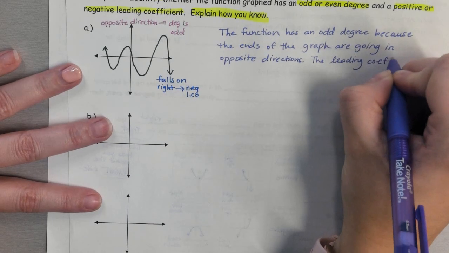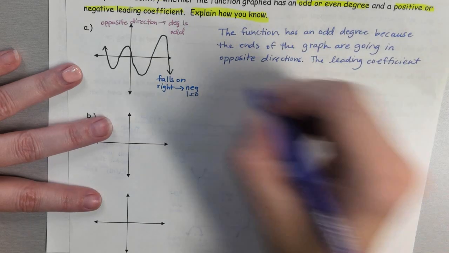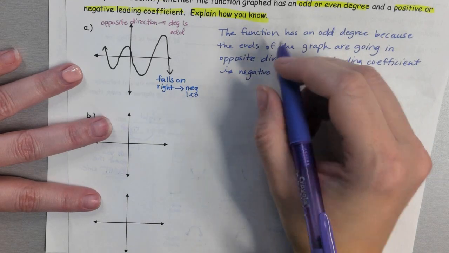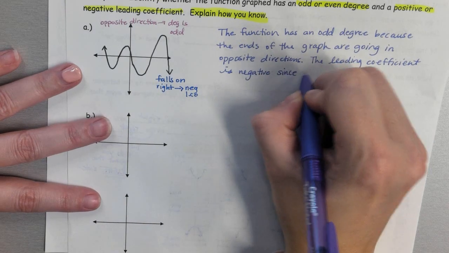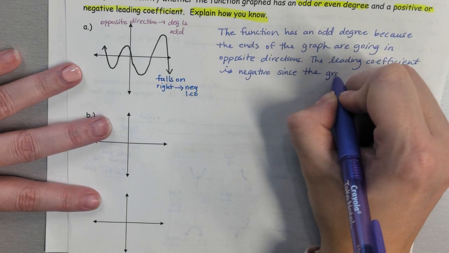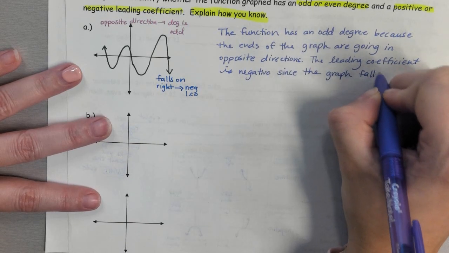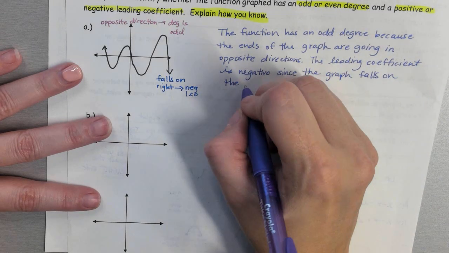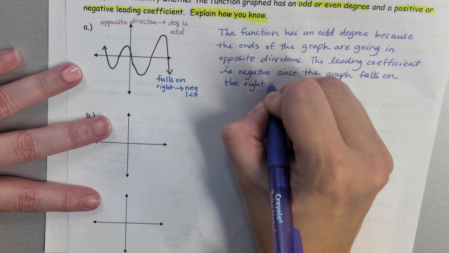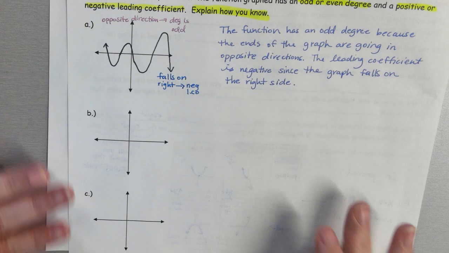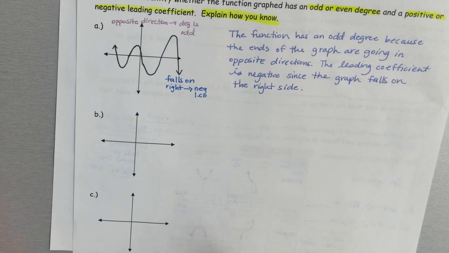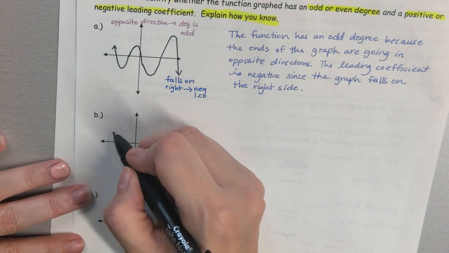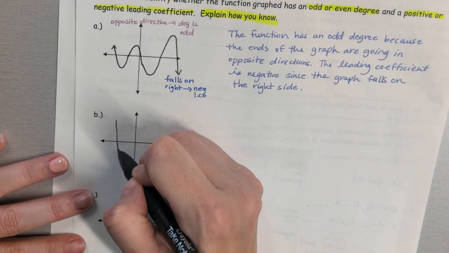The leading coefficient is negative, since the graph falls on the right side. Okay, so all you need are 2 sentences. 1 sentence about the degree, 1 sentence about the leading coefficient. I know, it's 2 sentences. It's a tough world.